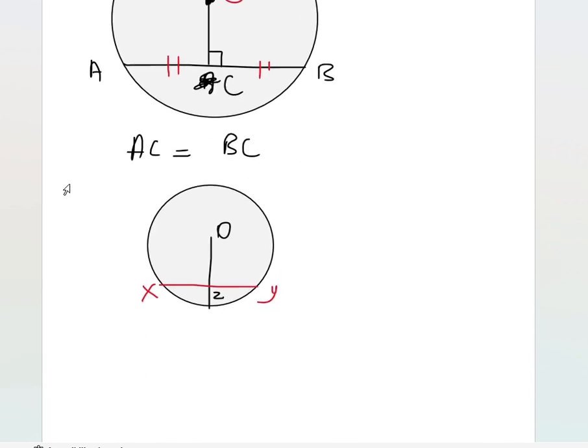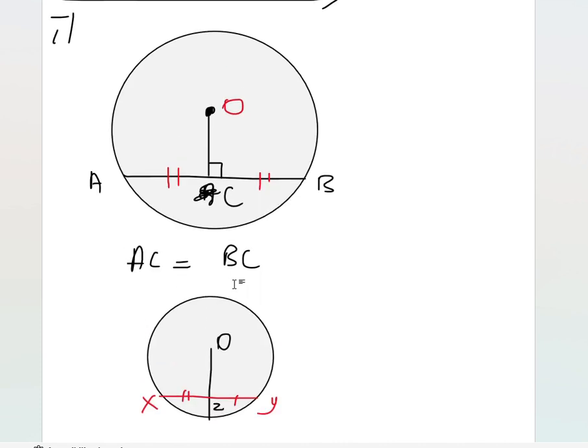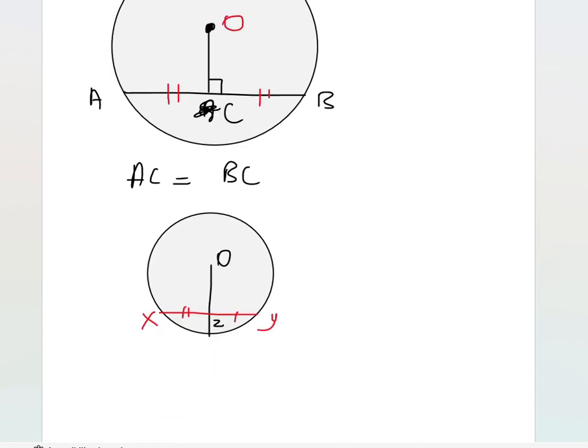So what can we say about this theorem? If XZ is equal to ZY, what can we say?